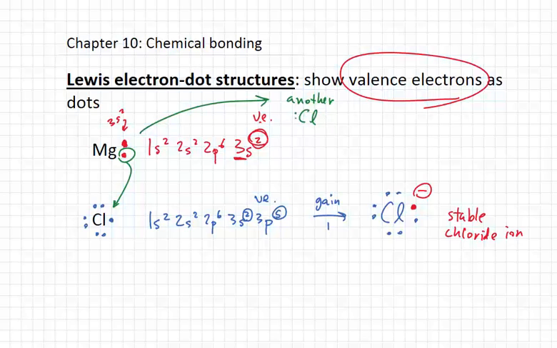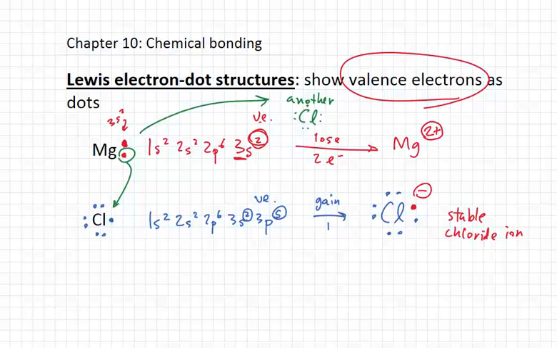So 1, 2, 3, 4, 5, 6, 7, like that. So that magnesium would now, after losing 2 electrons, it would now be just Mg with no valence electrons anymore. What charge would it have? 2 plus.